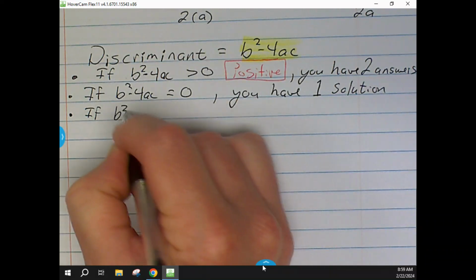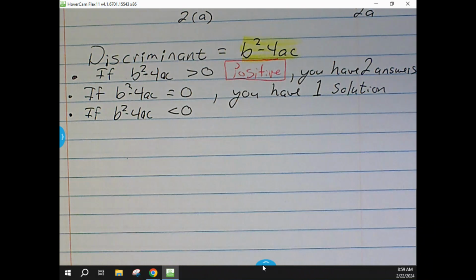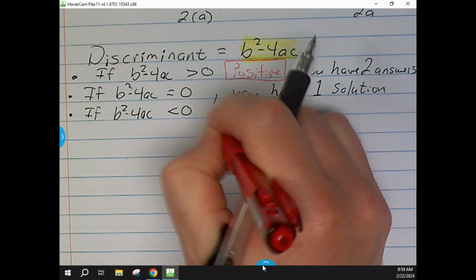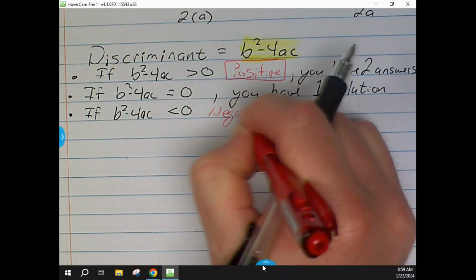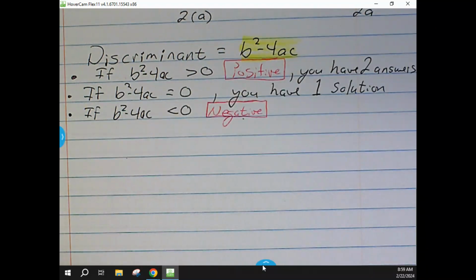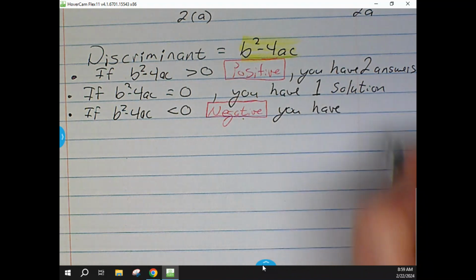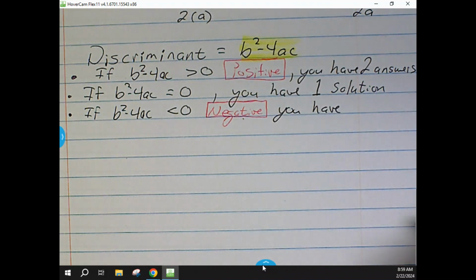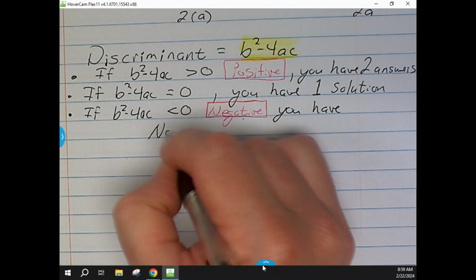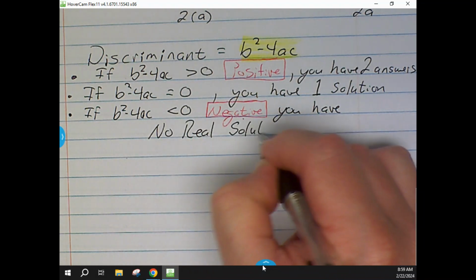All right, and then if b squared minus 4ac is less than 0, if it's negative, we're going to say it this way, you have no real solutions.